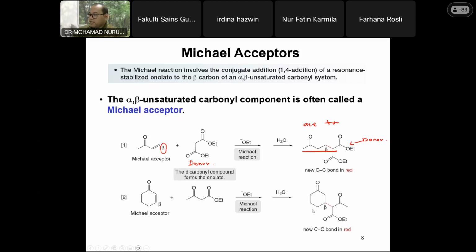Again, they will make a new bond at the beta position. Why do we call it the beta position? This one is alpha, and this one is beta.